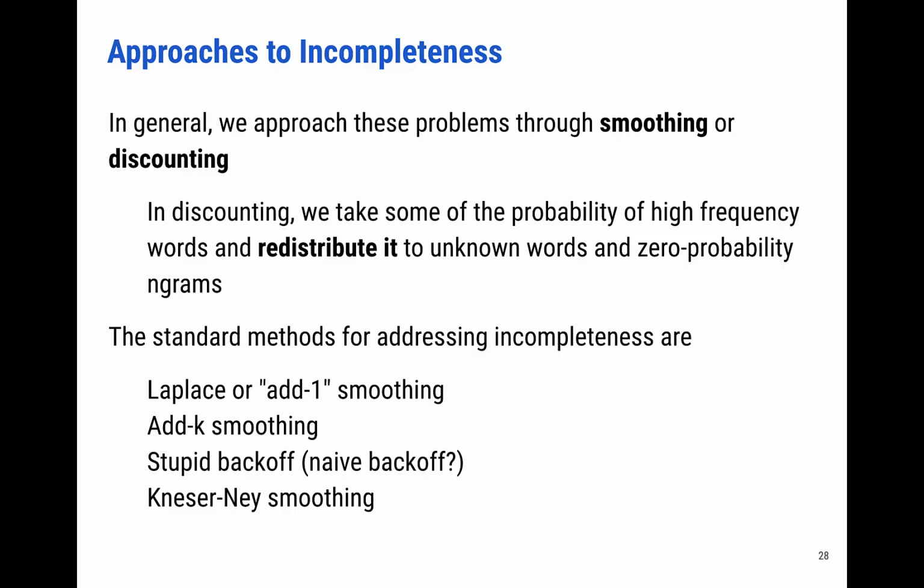With discounting, there's an interesting notion of just shifting the probability mass from some of the higher frequency words to some of the lower frequency non-existent words from our model. These are pretty interesting and somewhat sophisticated methods. I invite you to look at the text. I list 4 of the methods here: Laplace or add-one smoothing, add-k smoothing, something called stupid back-off, and Kneser-Ney smoothing, and discounting is also part of the Kneser-Ney approach. So again, these are interesting approaches to solving this problem of incompleteness.